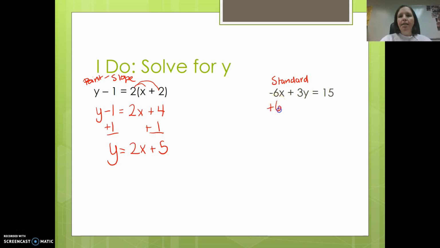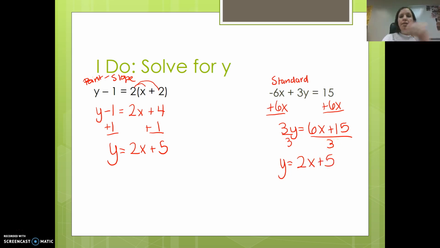I can get y alone by, this is the process we have done, add 6x to both sides, and then divide both sides by 3 to isolate the y variable, and I can get 2x plus 5. What you may not have noticed in each of the equations, because they were written in very different formats, is these actually were showing the same equation, just in different formats.